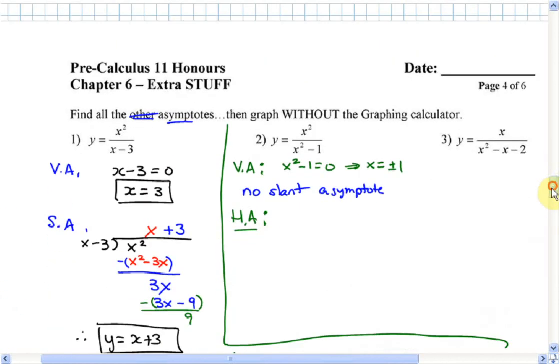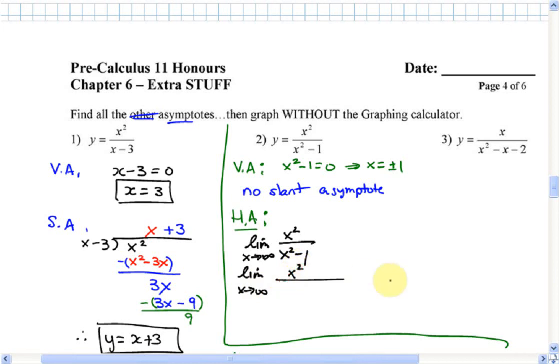Now, next part, horizontal asymptote. This is the part where it's tricky. I want you to find the limit as x approaches infinity of this function, x squared over x squared minus 1. Once again, I'm going to ask you to factor out the highest power of x. In the numerator, there's nothing to really factor out because it's just x squared.